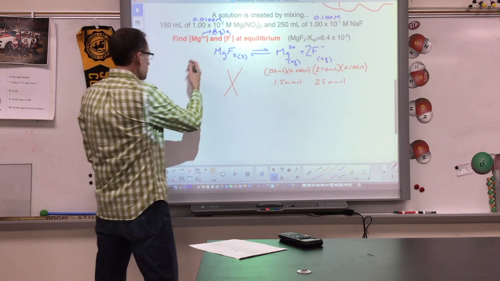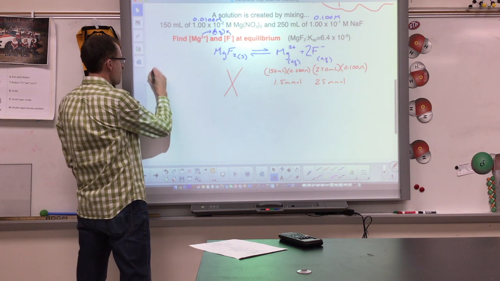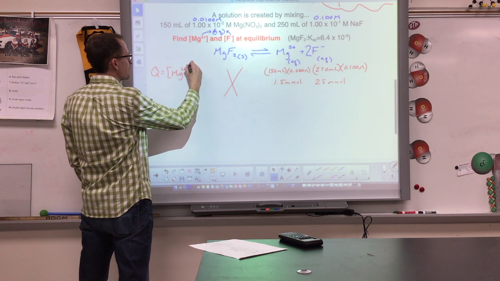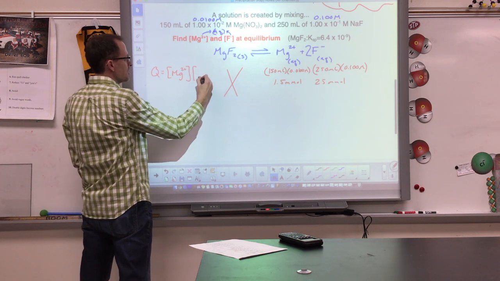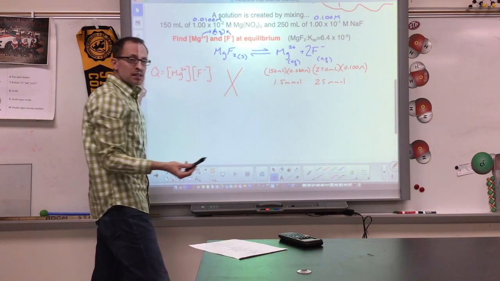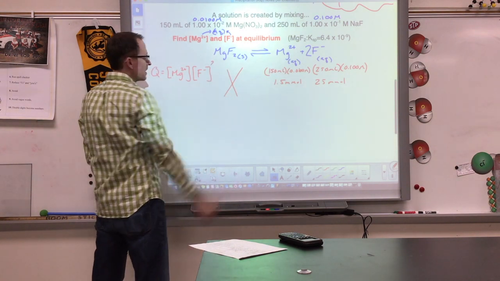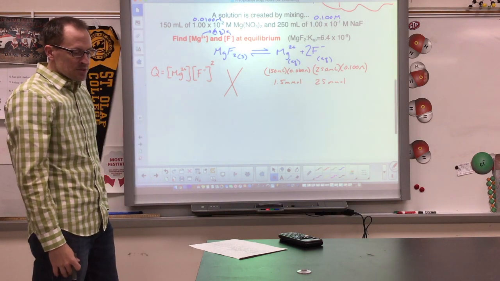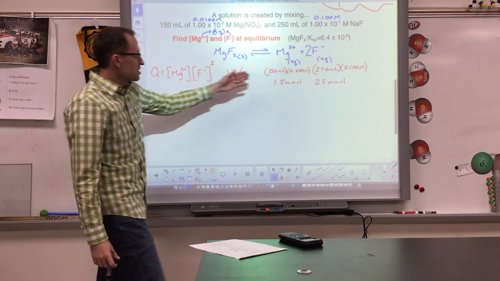So let me just write that over here. Let me write down what I have first. I have Mg and I have F minus. Because I have a coefficient, I need to put a squared sign right there. Unfortunately, these are just millimoles.